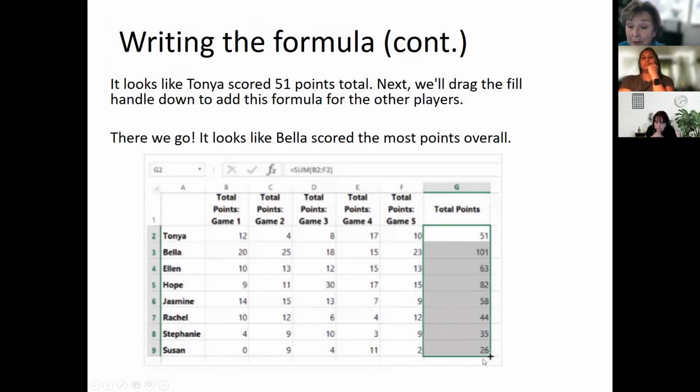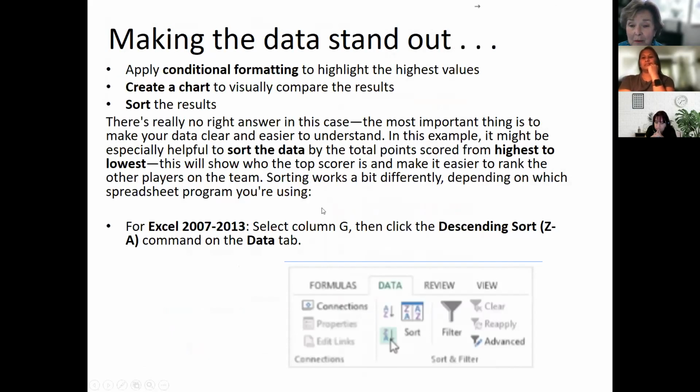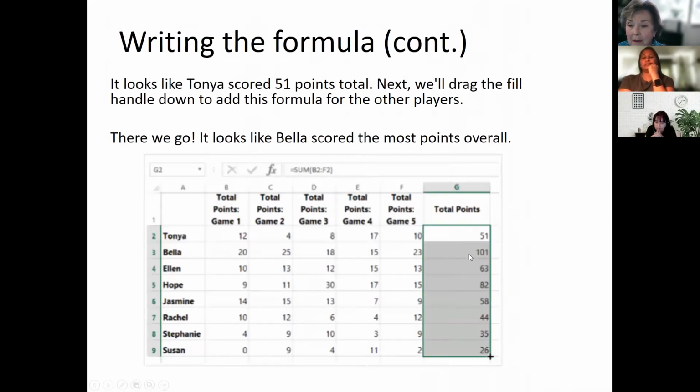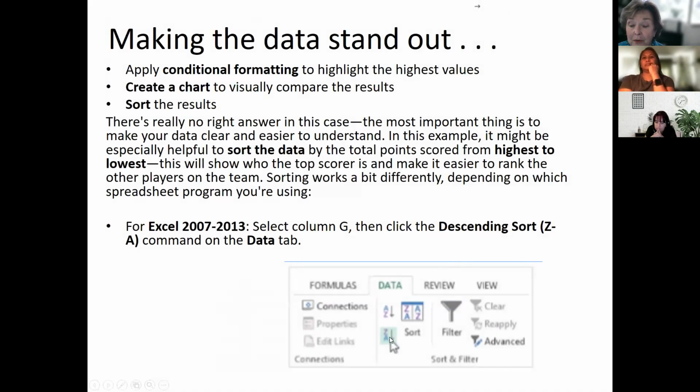So who scored the most? Well, Bella. Now, if you want that to be more obvious, you can do conditional formatting or you can sort. You could sort it in descending order to create something a little more visual.